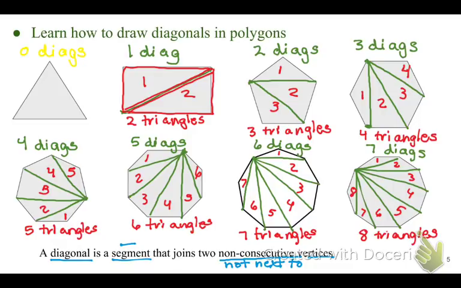So let's take this hexagon, for example. So it has 3 diagonals, it has 4 triangles, and each of those 4 triangles have 180 degrees in them. So there's one triangle, and it has 180 degrees. There's the other triangle. It has 180 degrees. This triangle has 180. And finally, this triangle has 180.